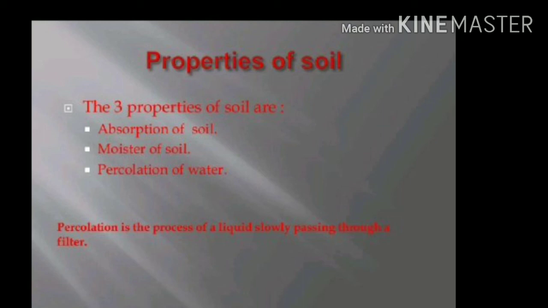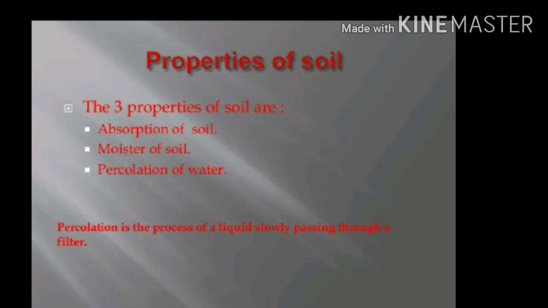Measure a certain amount of water in a measuring cylinder and pour it drop by drop on the soil. You can use a dropper for this purpose. Do not let all the water fall at one spot. Otherwise water is absorbed only at that place, and the paper may break down.